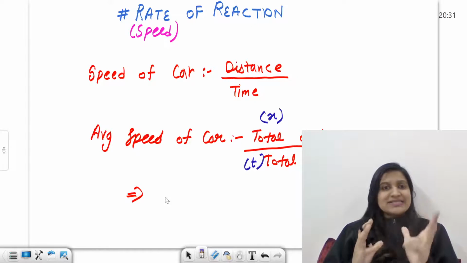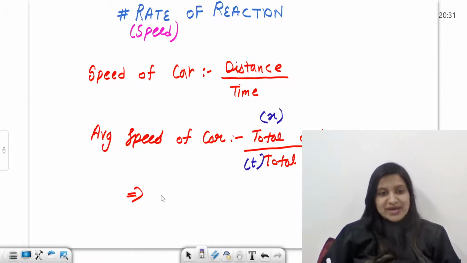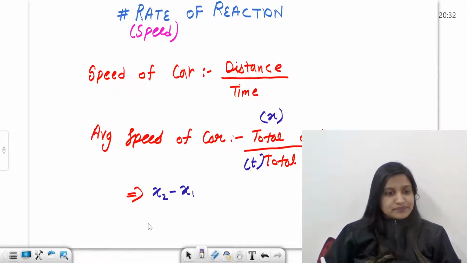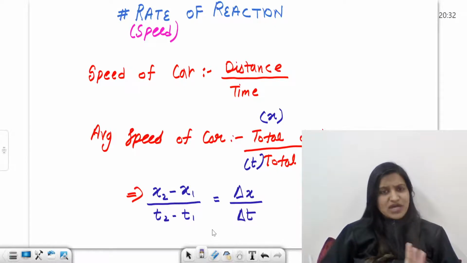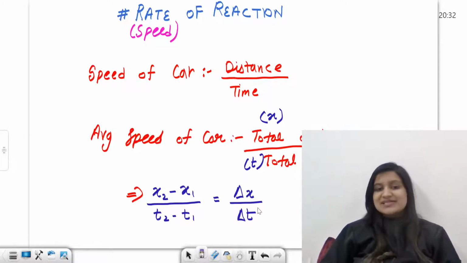Final minus initial, so x2 minus x1, over total time, final time minus initial time, t2 minus t1. So I can write it as delta x over delta t. That's how you define speed, as simple as that.